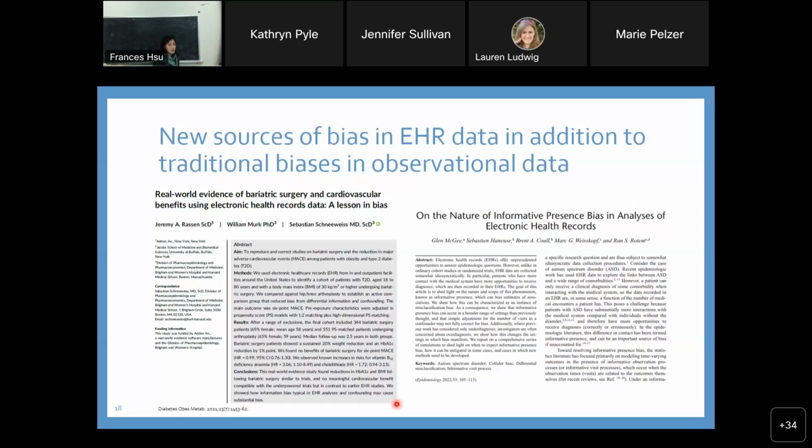So Rassen et al. went out to investigate this discrepancy, and they compared patients with bariatric surgery to patients with hip or knee arthroplasty. And in that comparison, they did not find any cardiovascular benefits, like the RCT. The authors suggested that using an active comparator group with comparable healthcare encounters nullified the cardiovascular benefits of bariatric surgery.